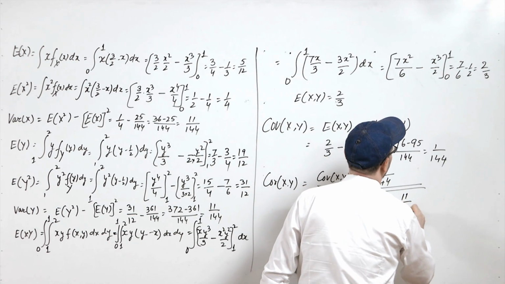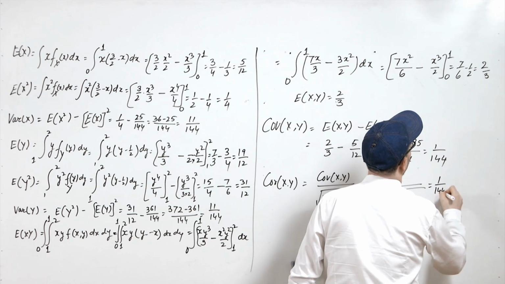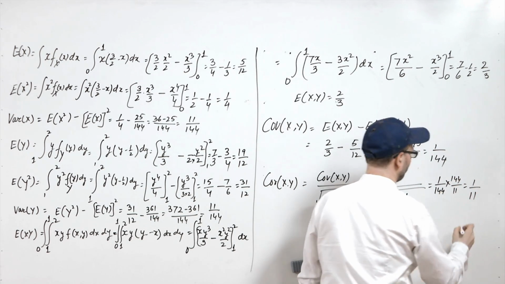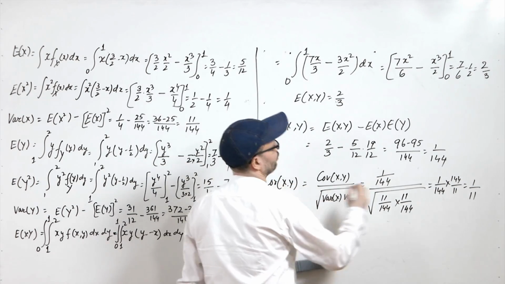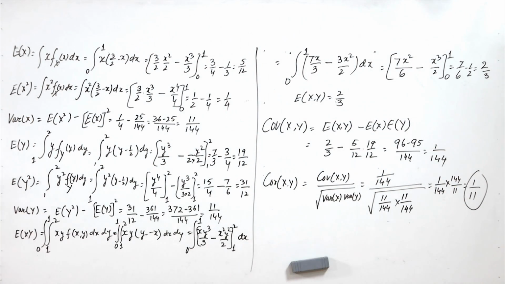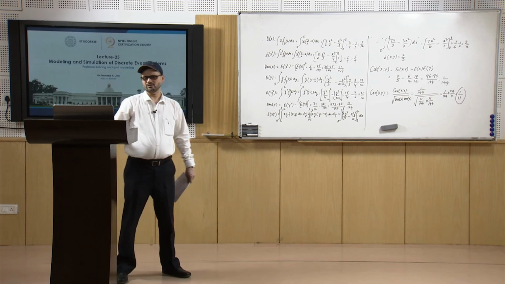So, it is 11 by 144 in the bottom, 1 by 144 into 144 by 11. So, it is 1 by 11. So, what we see is that the correlation value is coming out to be 1 by 11. All these parameters are calculated in this fashion.